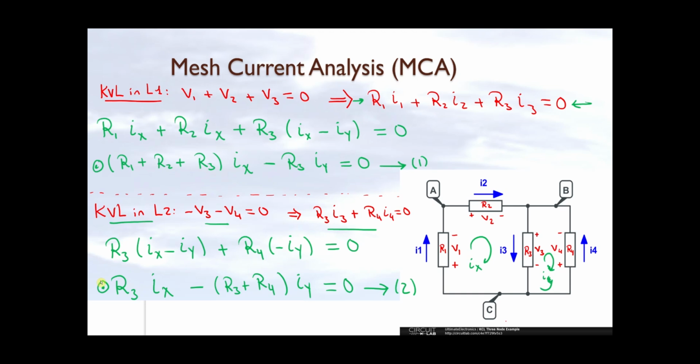This approach is called mesh current analysis, where I start by writing a regular KVL, then replace the actual currents via loop currents and then simultaneously solve for those loop currents. And once I have the loop currents, I can get all actual currents, and as a result I can also get all actual voltages.